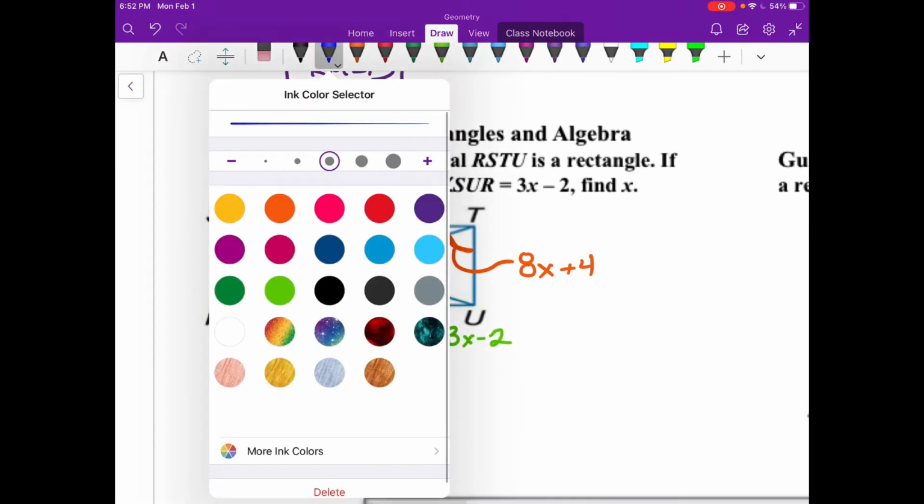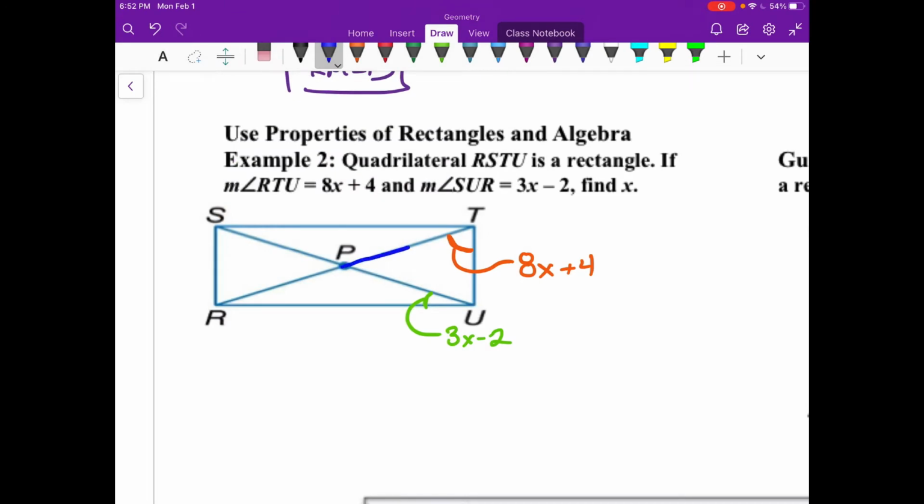Okay, so remember in rectangles, these diagonal halves are the same length, yes? So if I make a triangle using those two parts that are the same, it gives me an isosceles triangle. And remember, isosceles triangles have two congruent sides, but also two congruent angles.